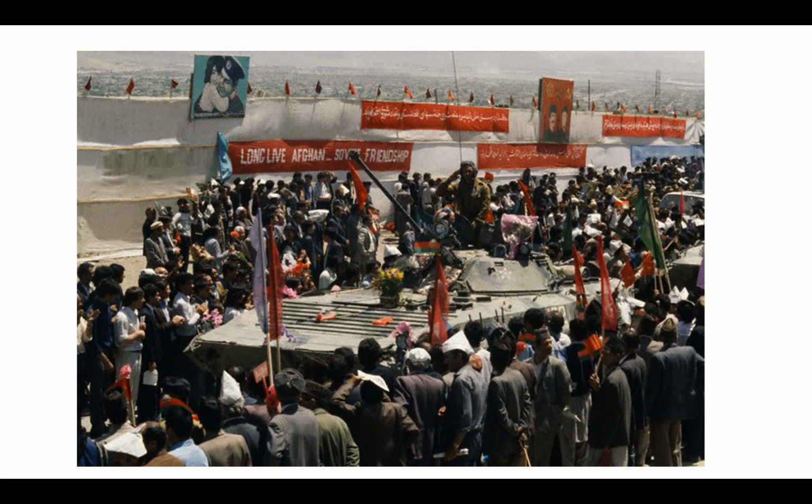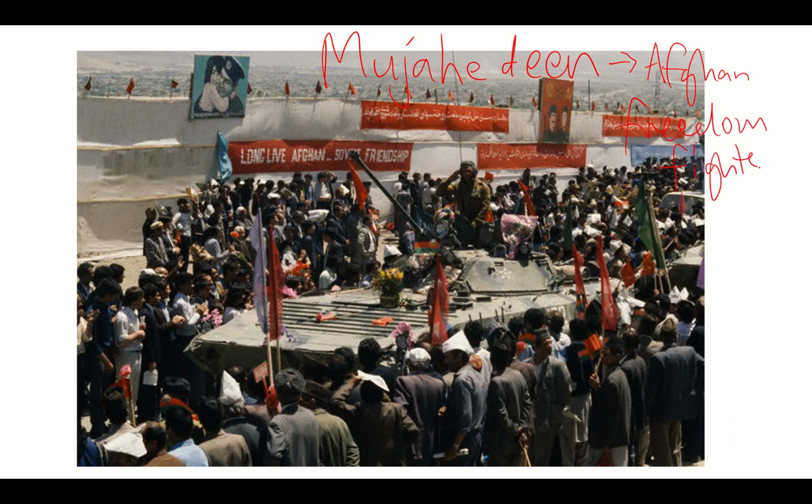Okay, no, sorry, the Mujahideen. I think I'm spelling it correctly. Not the Taliban. Okay, these are Afghan freedom fighters who are fighting against the USSR. So this is a case where the USSR is directly involved, but the USA is not.